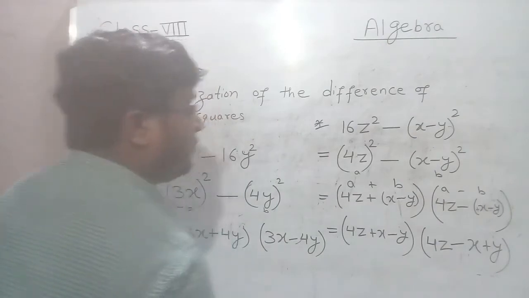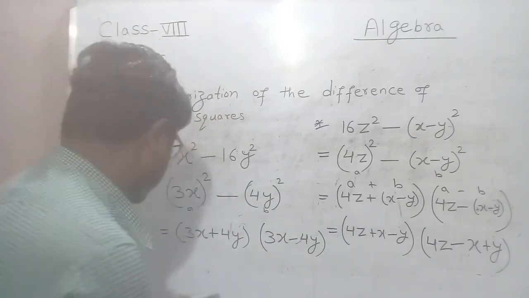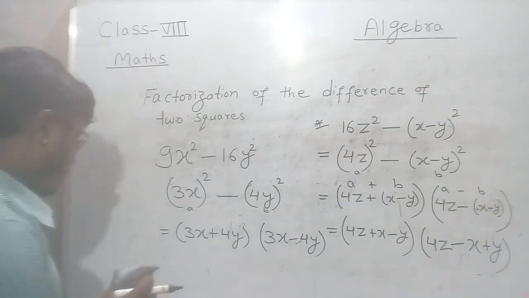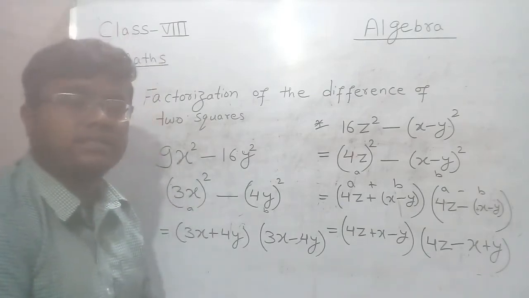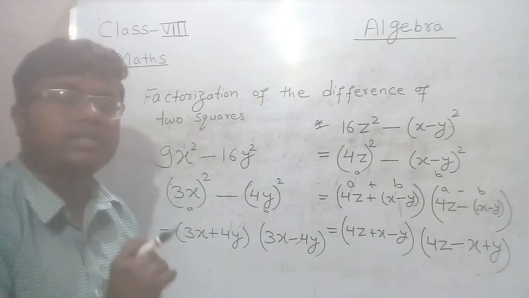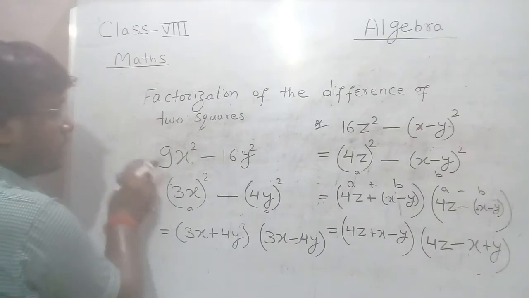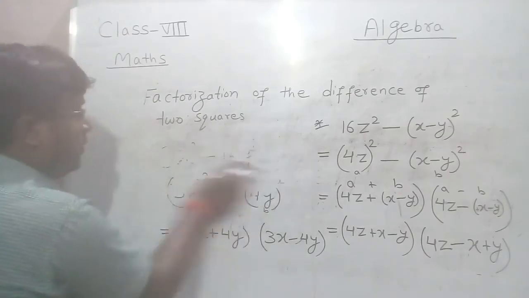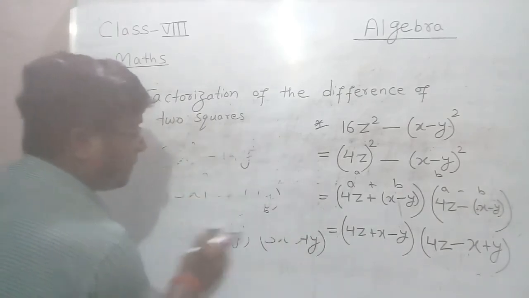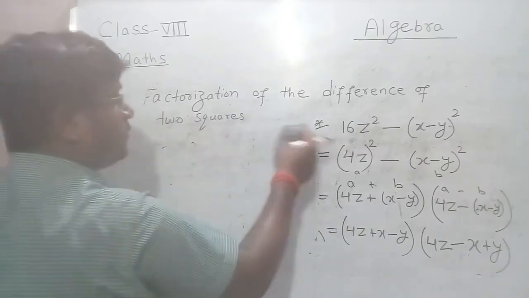So our next type is factorization of trinomials, the perfect square type. The question will be given in perfect square form. Factorization of the difference of two squares we have done.